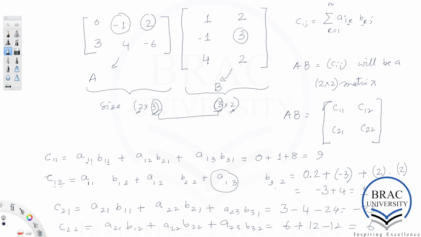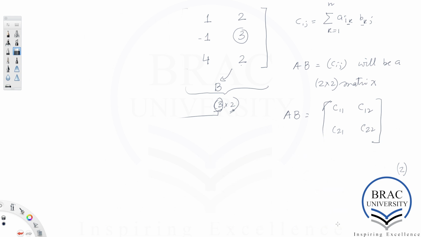So the product of these two matrices A and B is thus going to be a 2 times 2 matrix, which is 9, 1, minus 25, 6, okay.